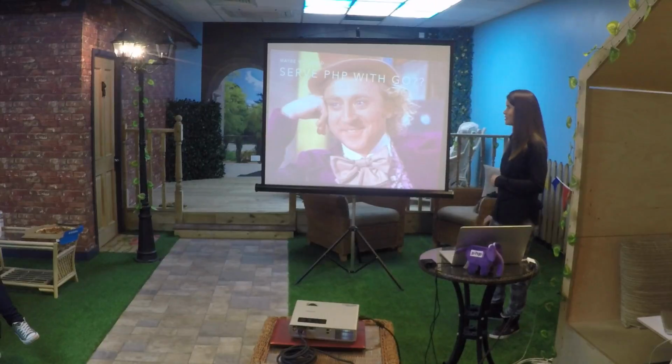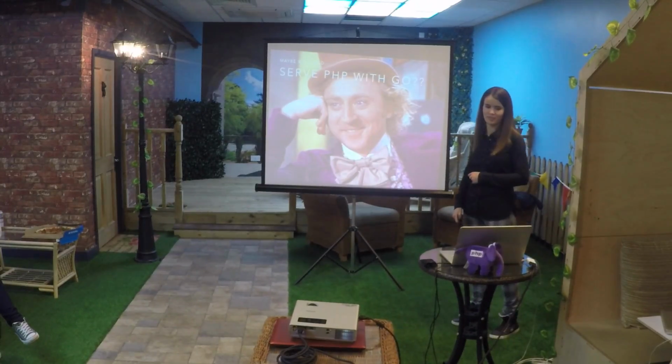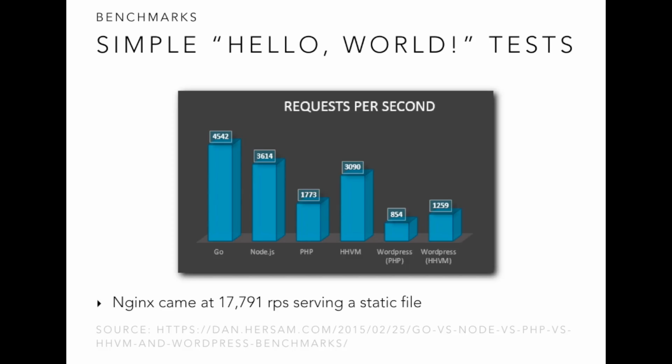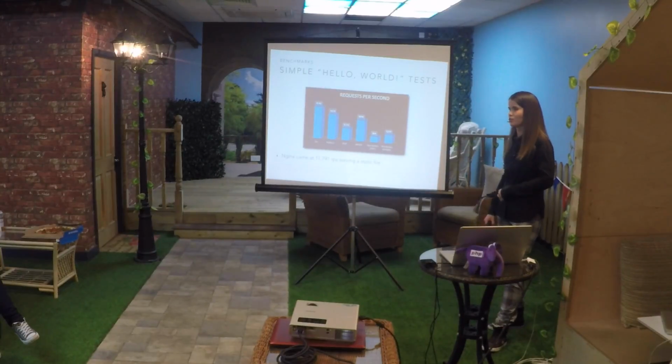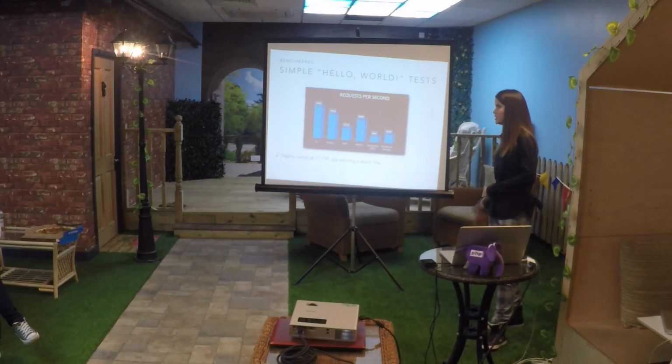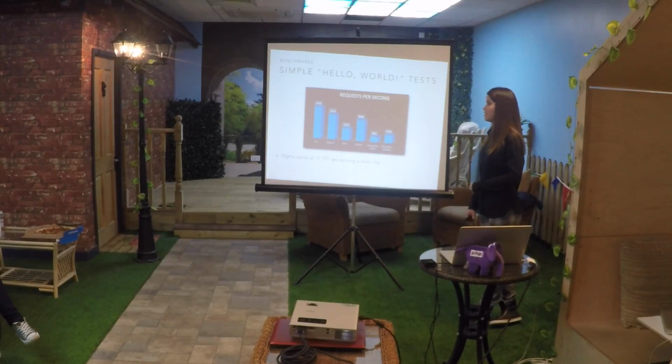I don't even know why you would want to do it, because Nginx and Apache are pretty solid, but hey. And then looking at benchmarks, you always have to take these with a pinch of salt, because it depends on what somebody did and what machine they ran it on and all of that. But this is just an example test that I found on the internet.